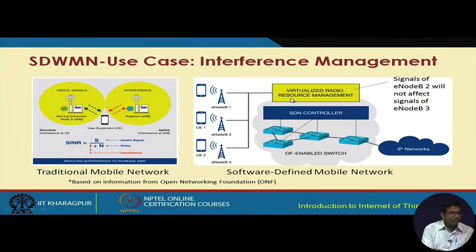This unit ensures that the signals of E node B2 and E node B3 do not affect each other. That means the signal of E node B2 will not affect the signal of E node B3, affect meaning through interference. This is made possible through the virtualized radio resource management unit, which has been proposed in this particular solution, SDWMN.